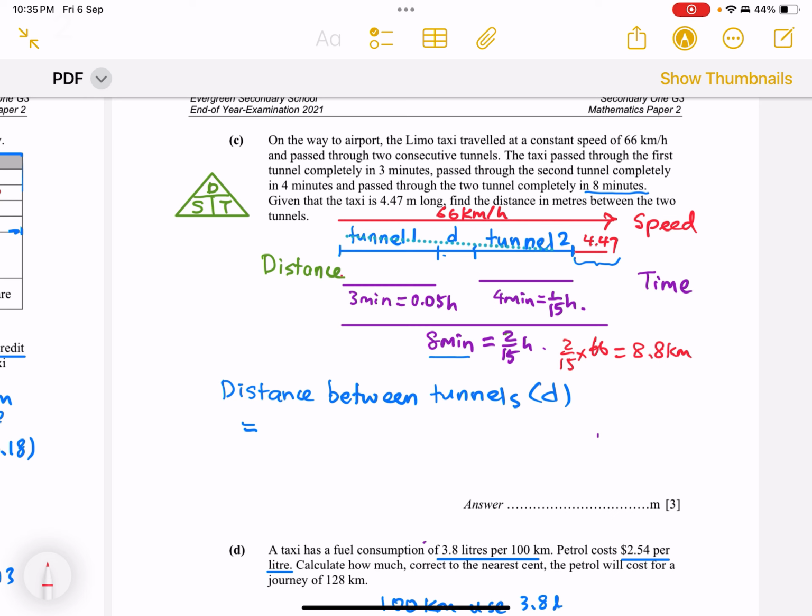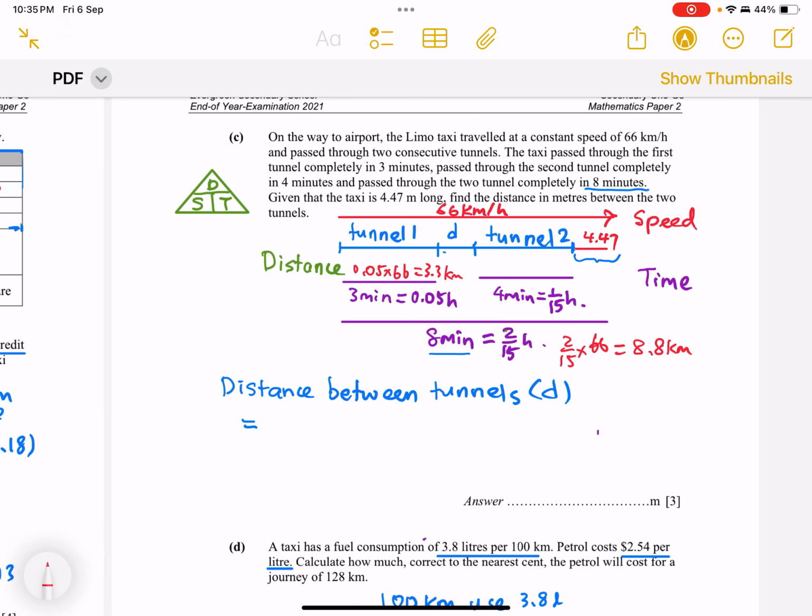His speed is still the same, so it's 0.05 multiplied by 66, which is actually 3.3 km. And then for the second tunnel, the time is 1:15 multiplied by 66, and that gives you 4.4 km.